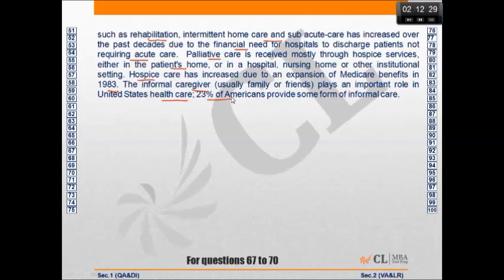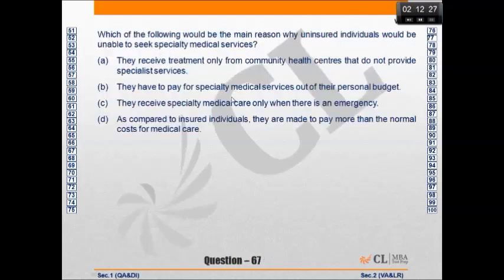Okay, so let's go to the questions now. 67. Which of the following would be the main reason why uninsured individuals will be unable to seek specialty medical services? They receive treatment only from community health services that do not provide specialist services.